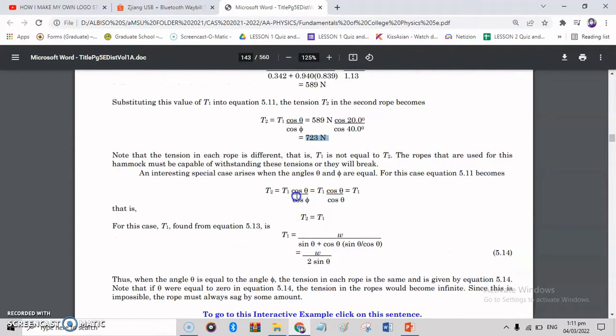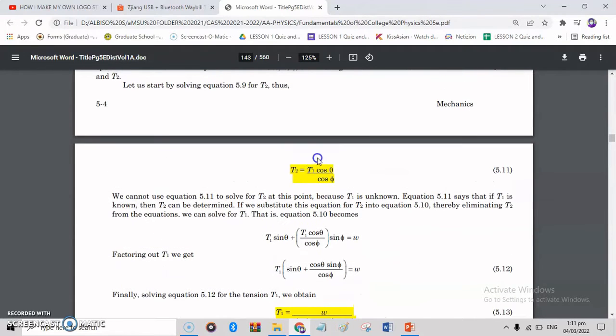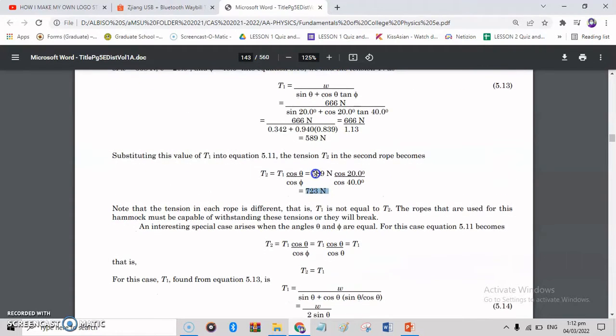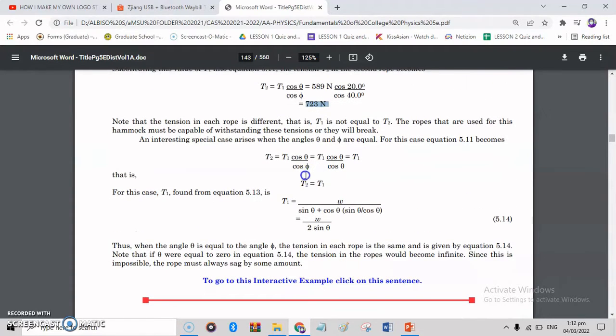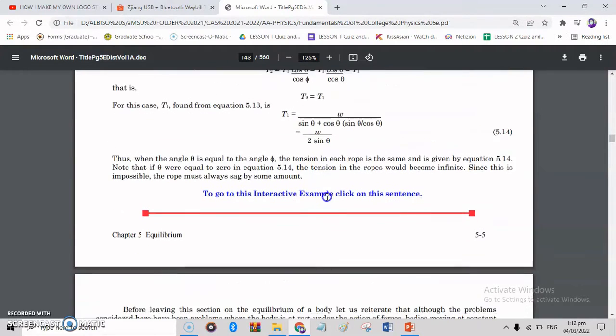So, since equal yan sila, cosine theta over cosine phi, this is from your equation kanina na na-solve ito. So, that is 1, kasi nga pareho sila. So, T2 is equals to T1. That's the time na magkapareho na yung value ni tension 2 at ni tension 1, of course, dahil pareho na sila ng angle. So, proceed.